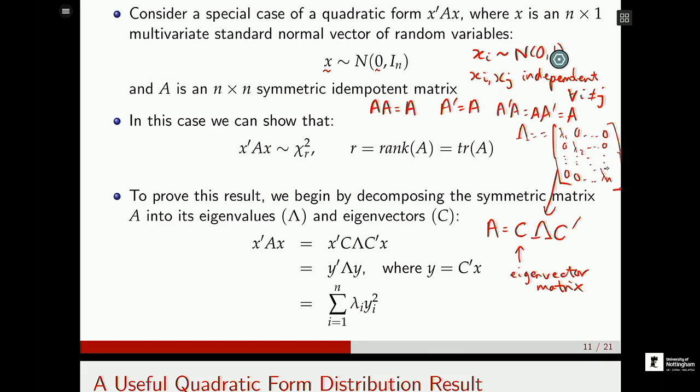So we're now talking about Y transpose lambda Y. So let's just denote this Y vector as Y1, Y2 down to Yn.